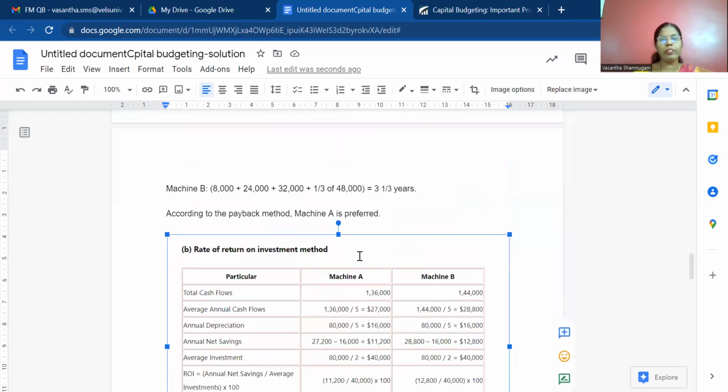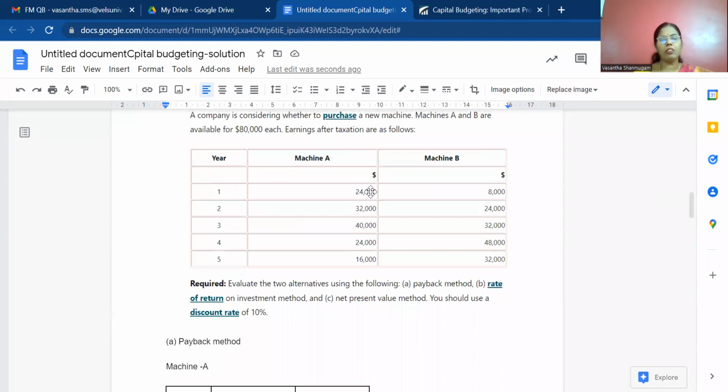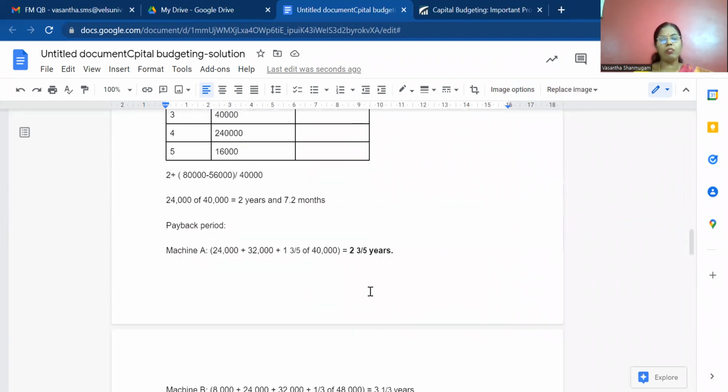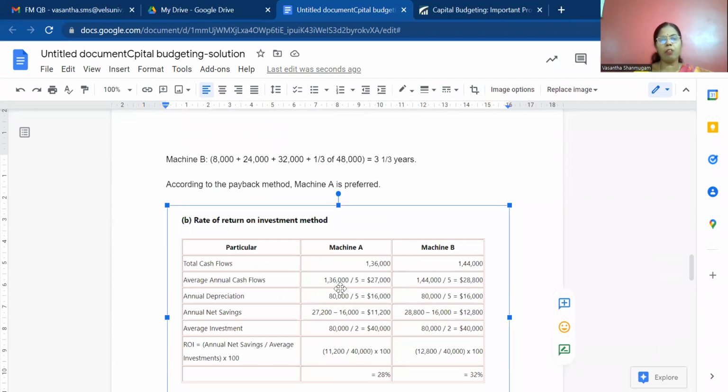You add up all the cash inflows: 24,000 plus 32,000 plus 40,000 plus 24,000 plus 16,000, related to 5 years. Adding these gives 1,36,000. Divided by 5, you get 27,200. In the case of machine B, 1,44,000 divided by 5 gives 28,800.